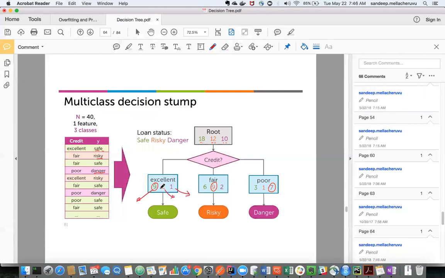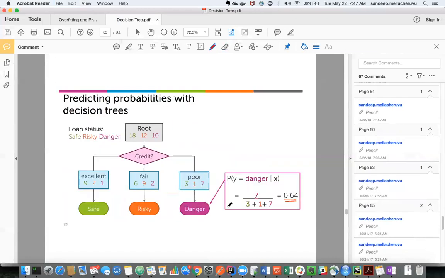Now out of all these 3, you predict the one having the majority class. The majority class here is safe, so you predict it as safe. Here again, safe is 6, risky loans are 9, danger loans are 2, so you predict the majority class, again risky. Here it is danger because the last one is the majority. So it's almost the same, there is not much difference.